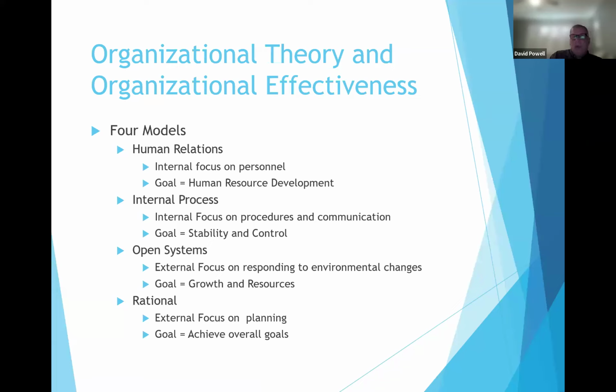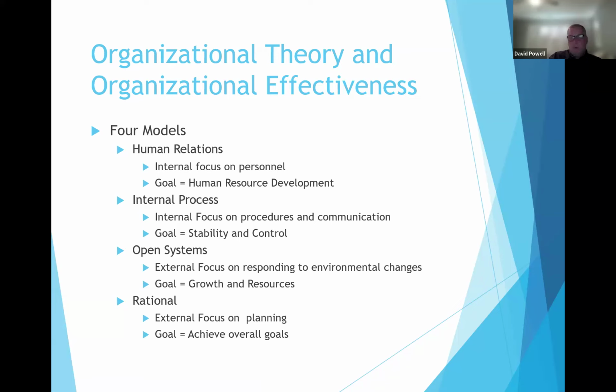So in order to establish those stable processes, we need to control and coordinate the work activities that are going on on a daily basis within the organization. So in this internal process model, we are quite literally looking at the daily processes by which work is being done inside the organization.